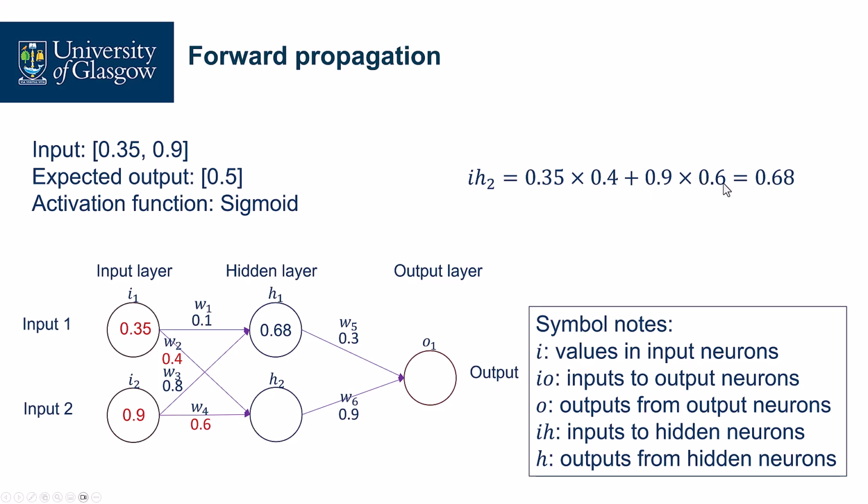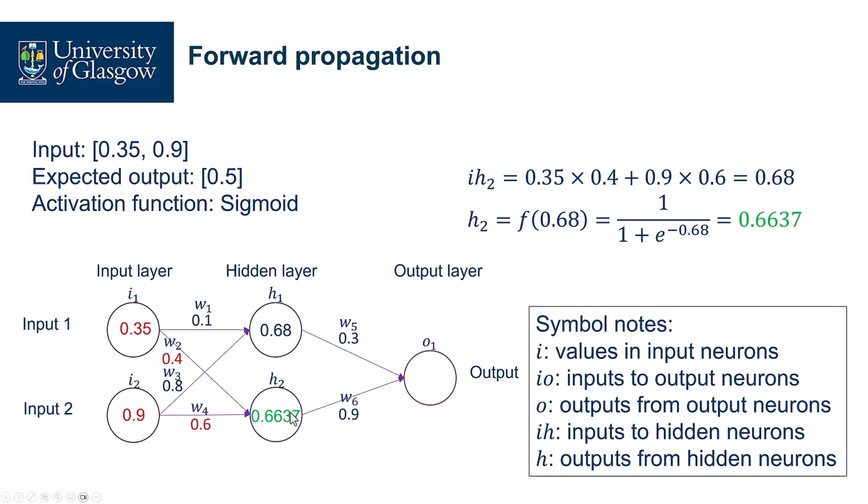So we can use this formula to calculate IH2, 0.68. Then it next goes to the activation function, right? The sigmoid function, this value comes here, and we have a result of H2. So this H2 is here, and this will be propagated out from the neuron in the hidden layer.